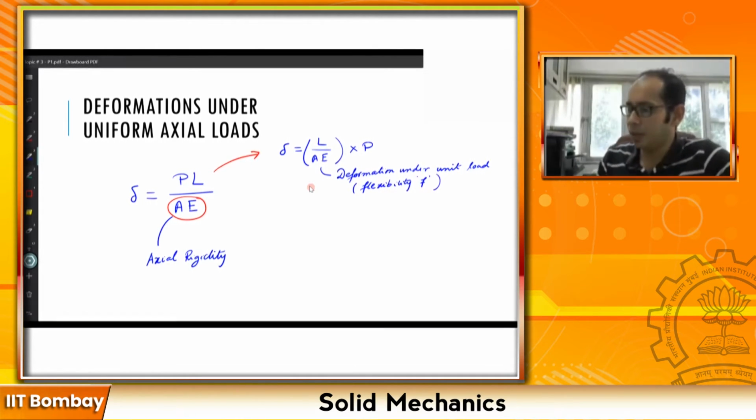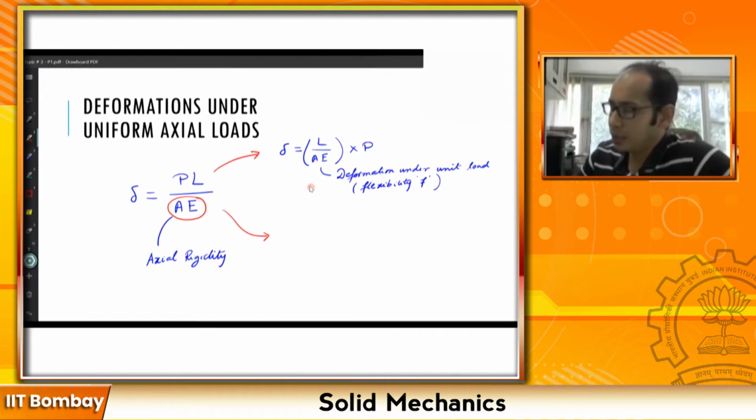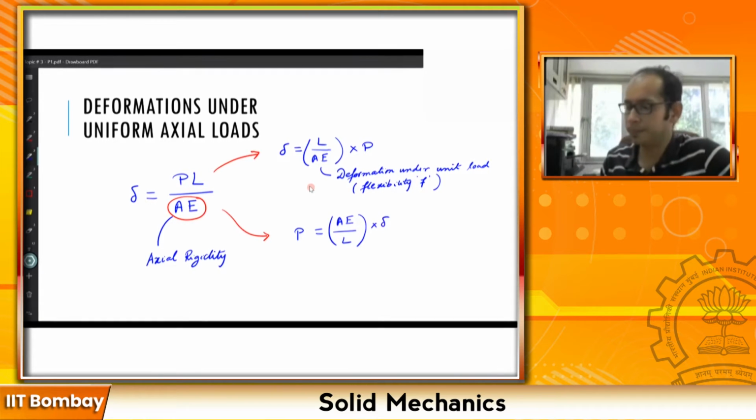Now again, if I rearrange this a little bit and bring P to my left and the rest of the quantity to my right, what I essentially get is P equal to AE divided by L times delta, right?